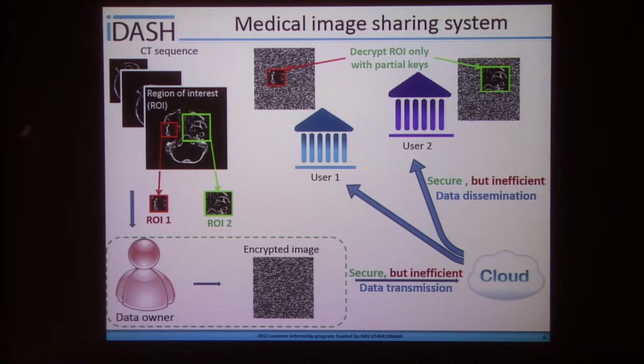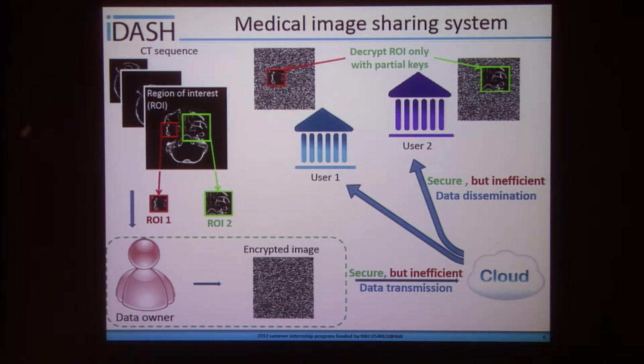To achieve this goal, one workaround is to send the encrypted image and a partial decryption key, a key which can only decrypt the ROI of the entire slice, separately to the remote cloud and the authorized user, such that each user could download the entire CT sequences from the cloud, but can only access the ROI from his received partial decryption key. This setup solved the security problem of the ROI-based medical image sharing system.